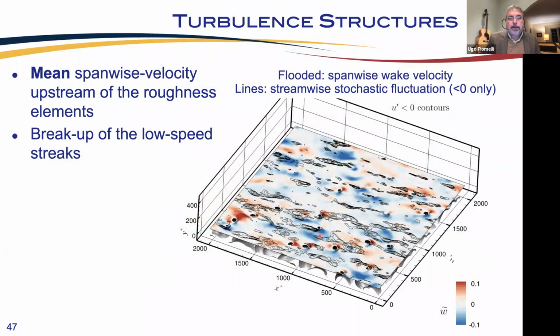Here I'm showing span-wise velocity, and you see here, for example, red on one side and green on the other, because the flow is going to the right of the roughness element on this side and to the left on the other side. So you see that you also have this stationary span-wise velocity spots all over the place.